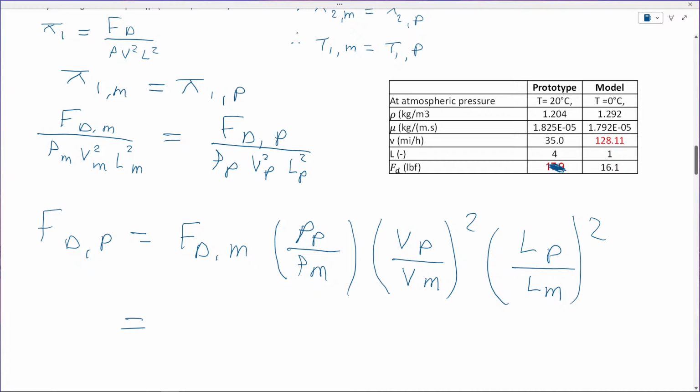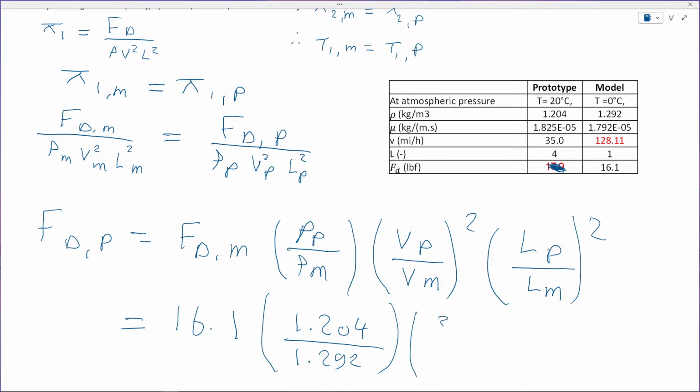If you substitute it here, 16.1 times rho prototype, which is 1.004, divided by 1.292, times the velocity of the prototype over the model, that's 35 over 128.11, squared.